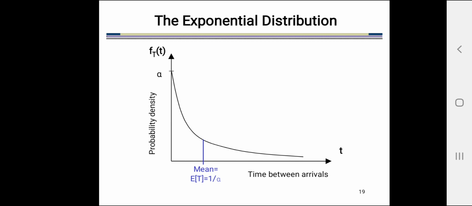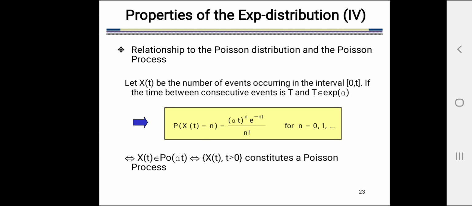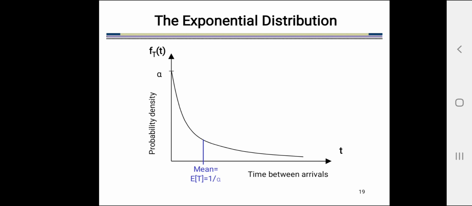This rate assumes the service channel to be always busy. So this is about the exponential distribution.